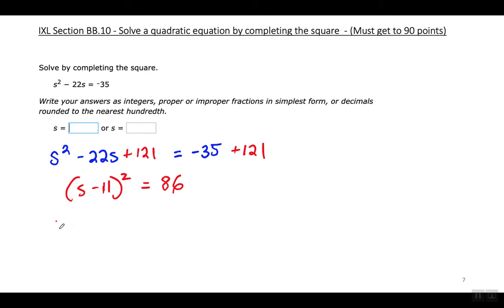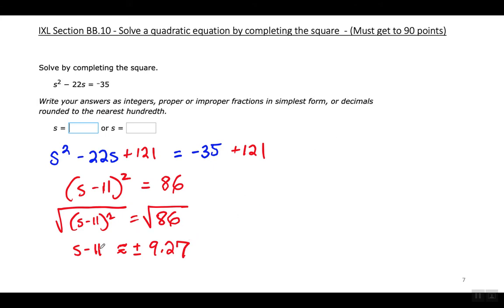Okay, now let's get the square root of both sides of the equation. So the square root of the left hand side is s minus 11, and that's going to equal approximately positive and negative the square root of 86, which is 9.27.